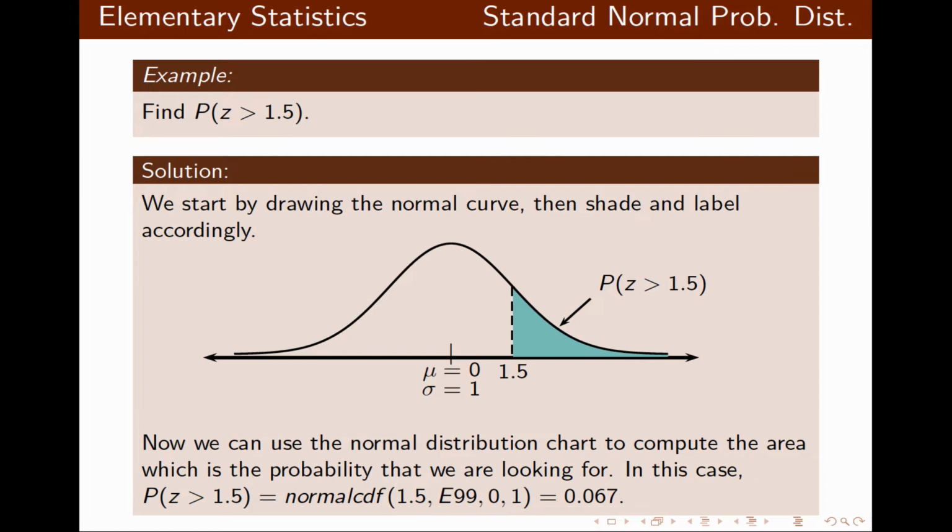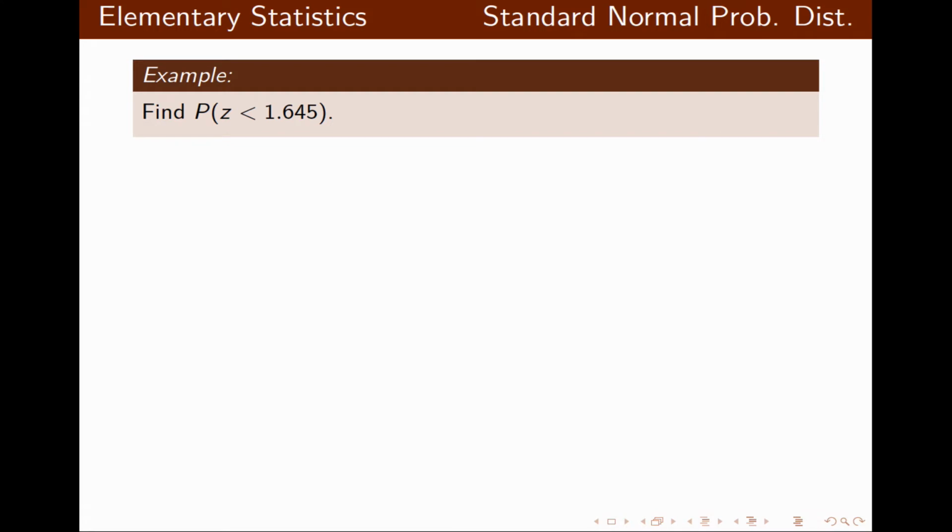In this case, we're going to use normal CDF, 1.5 for the lower value, E99 for the upper value, 0 for the mean, and 1 for standard deviation. For the E, for the scientific notation, we use second followed by comma, and that gives us that E.